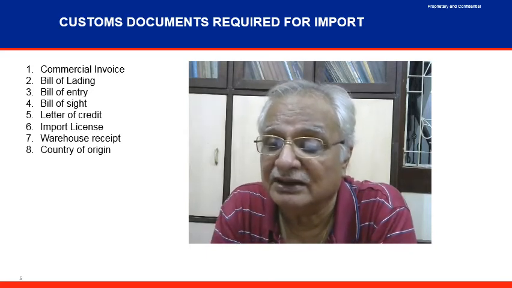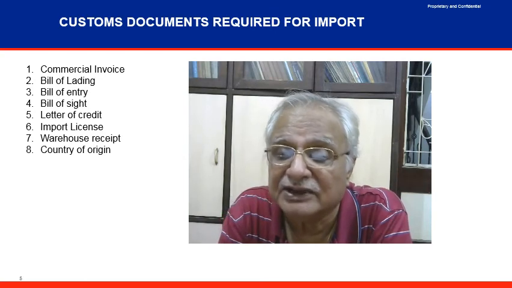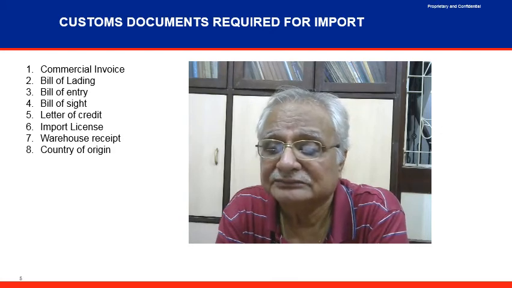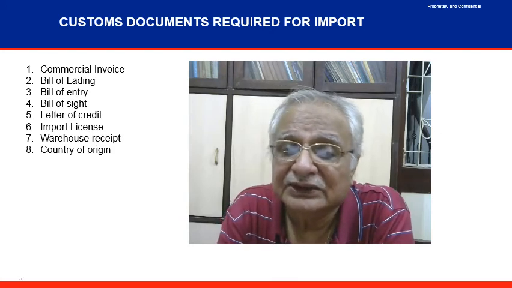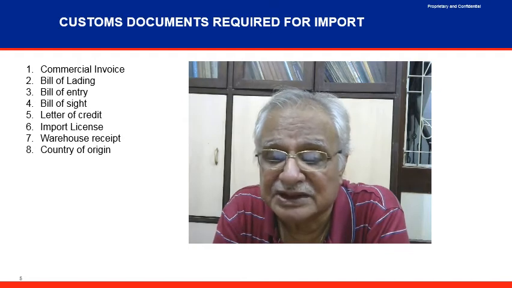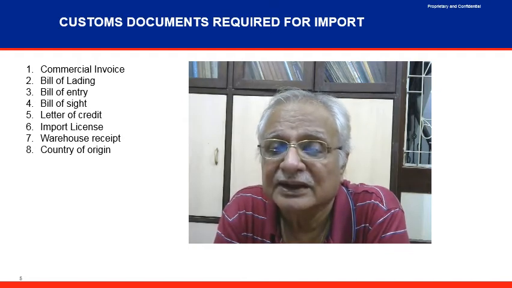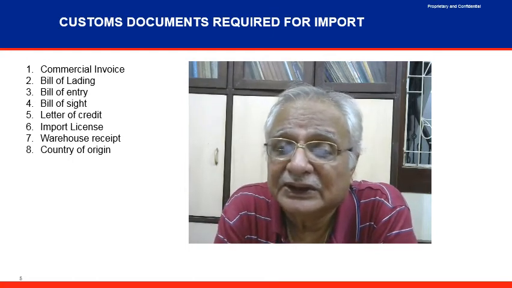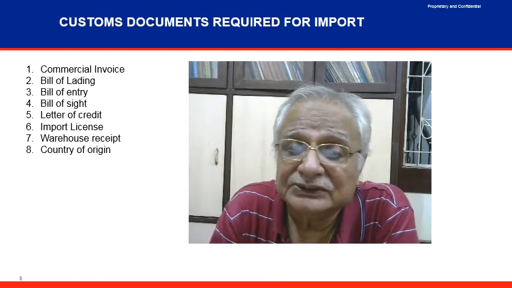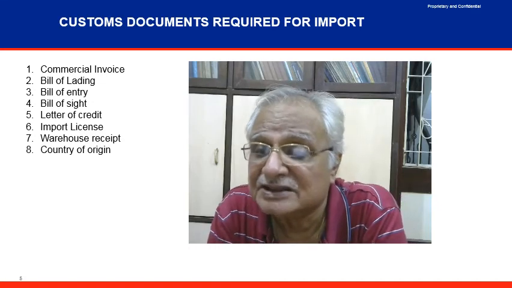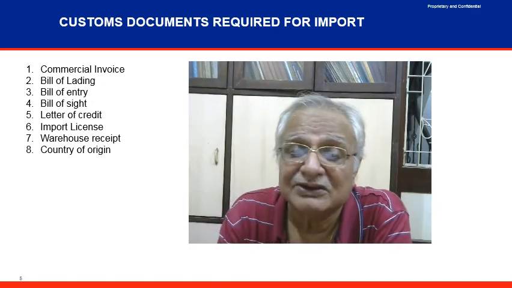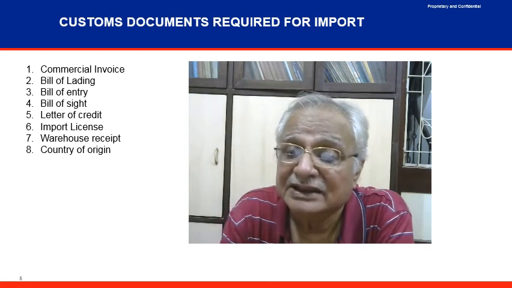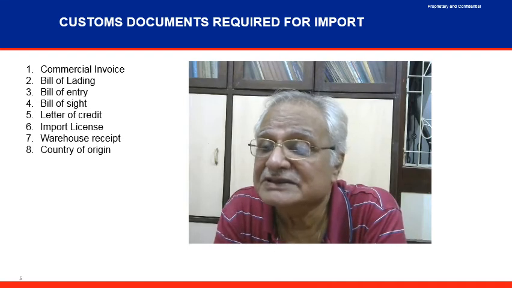There are other documents like insurance certificate, industrial license, and the registration cum membership certificate. So, membership certificate, test report, GAT declaration documents, or duty benefits of central excise documents can be required for some specific types of cargo.